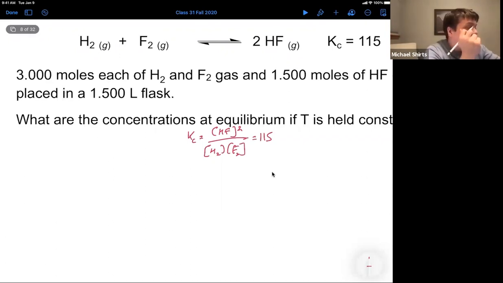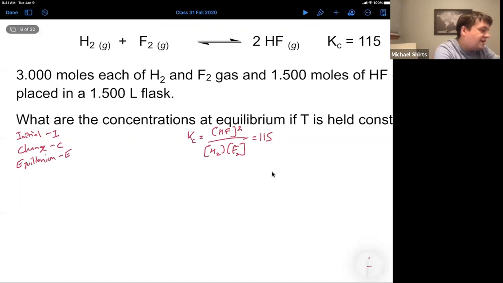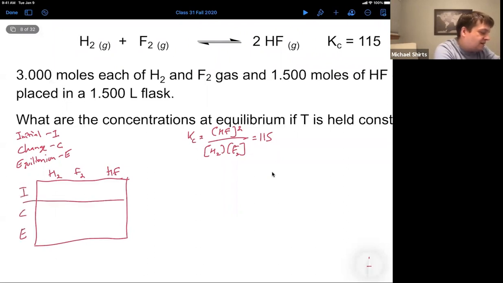You may or may not have seen this, but the basic idea is ICE is initial, that's the I, change, that's the C, and equilibrium, that's the E. We have a table, and the columns are our species involved in the reaction, H2, F2, and HF, and then 3 rows, for the initial, the change, and the equilibrium.